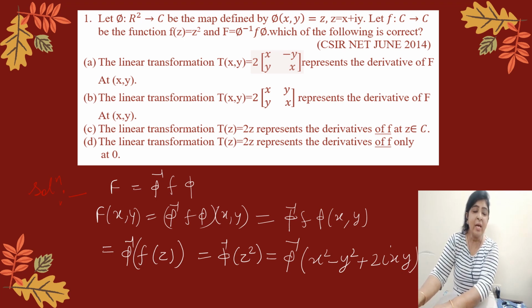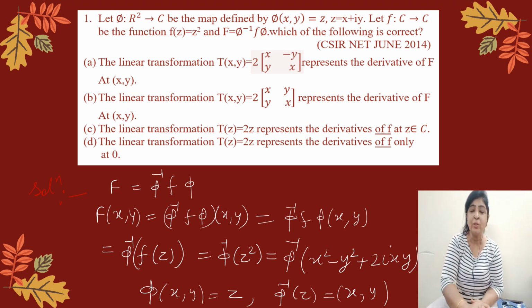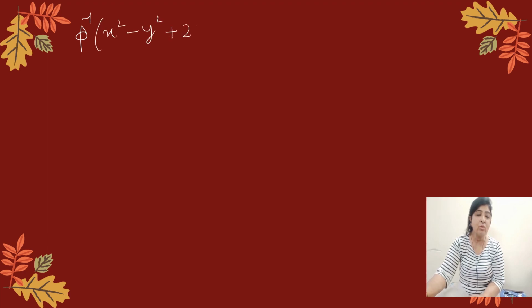Now you can see that phi is given as a function of two variables x and y equal to z. So phi inverse of z will be the ordered pair (x, y). So we have phi inverse of x square minus y square plus 2 iota xy, or this can be written as (x square minus y square, 2xy).